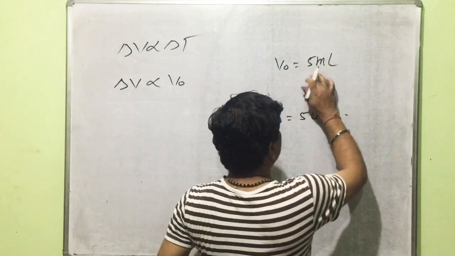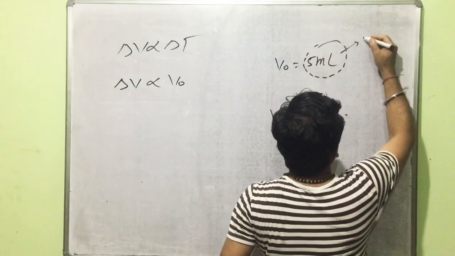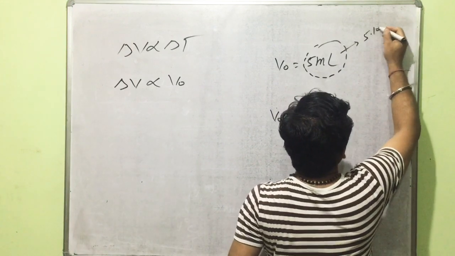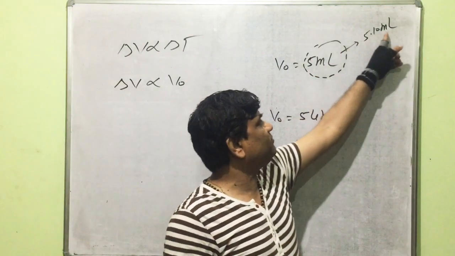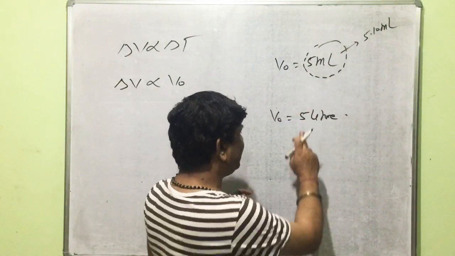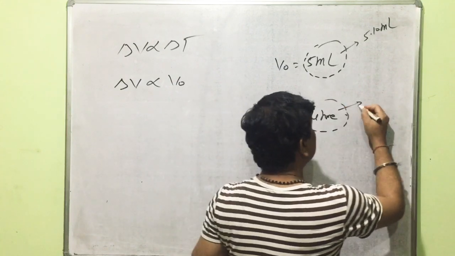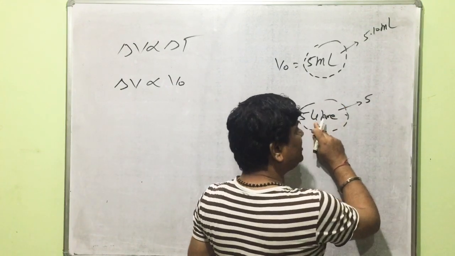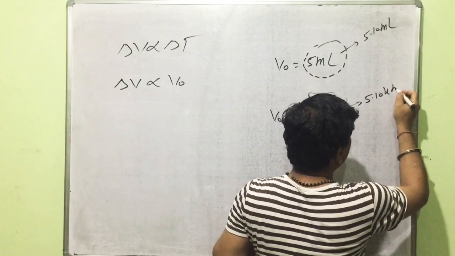Now, whenever it is heated, its expansion may be from 5 milliliter to maybe 5.1 milliliter, and whenever the other one is heated, its expansion would supposedly change from 5 liter to 5.1 liter.